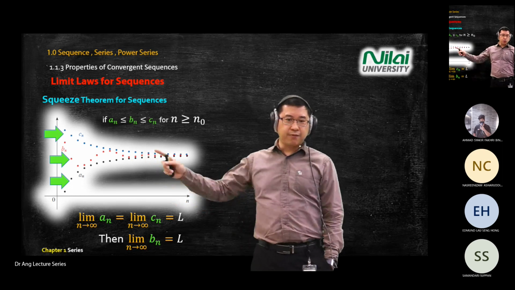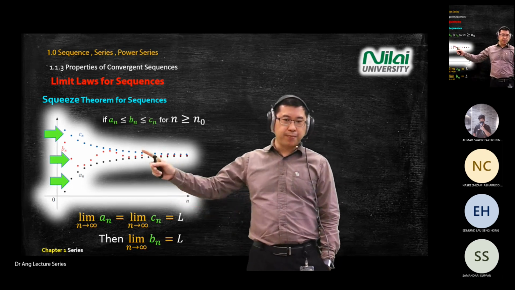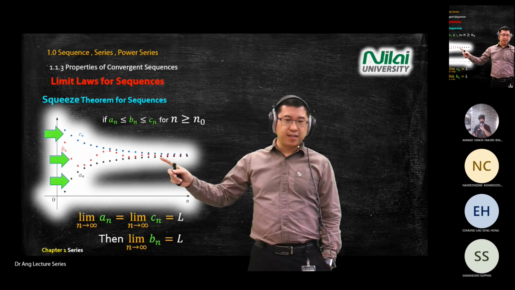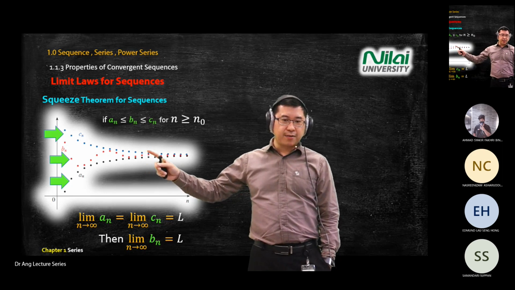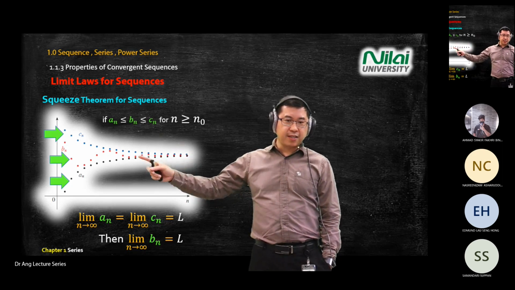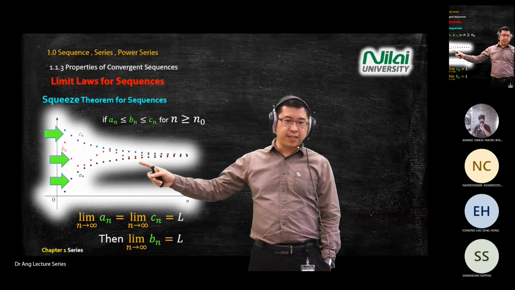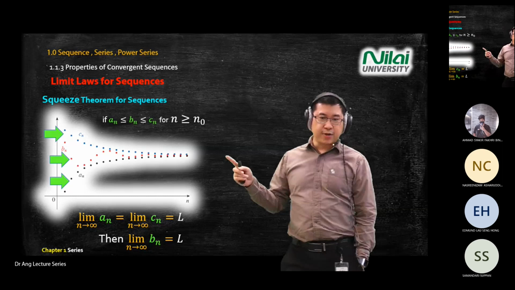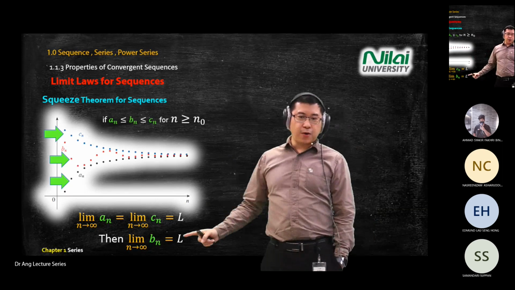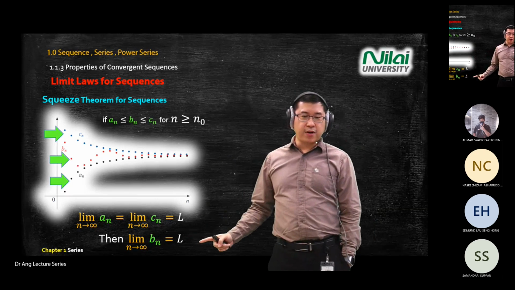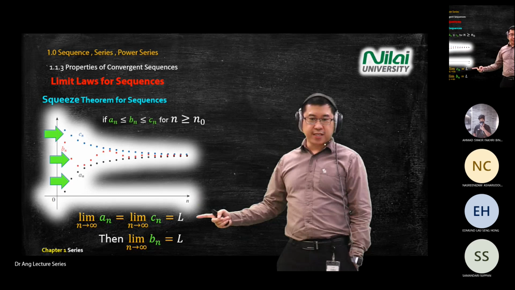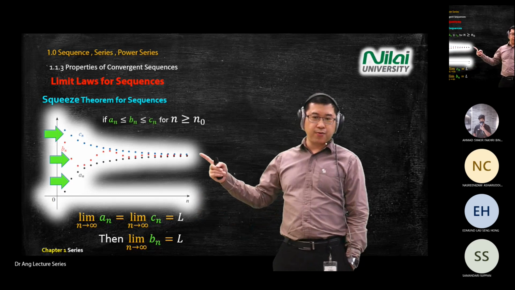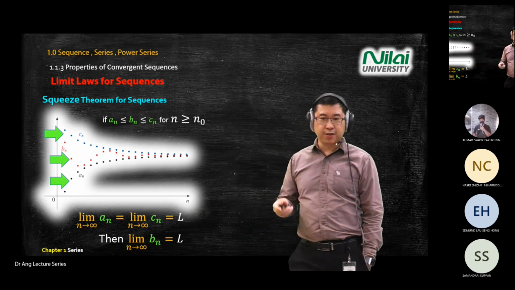If between 2, then you can predict the third set of data, provided all of the data you're given, set 1, set 2, set 3, are convergent. Then you can estimate all the data will stabilize at 1 value L. This is the first concept.